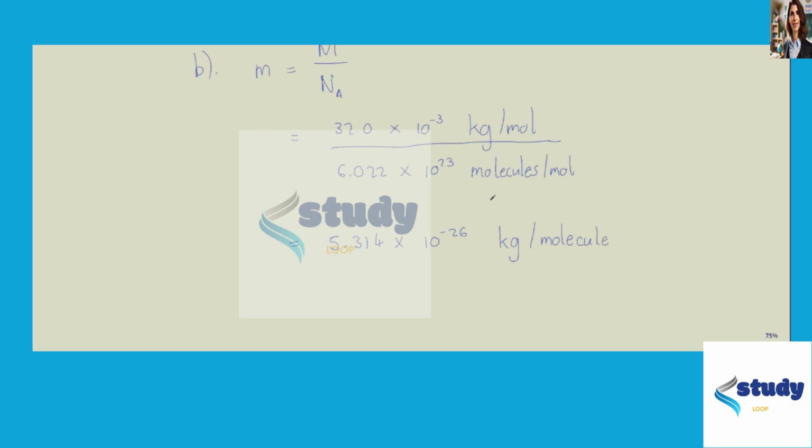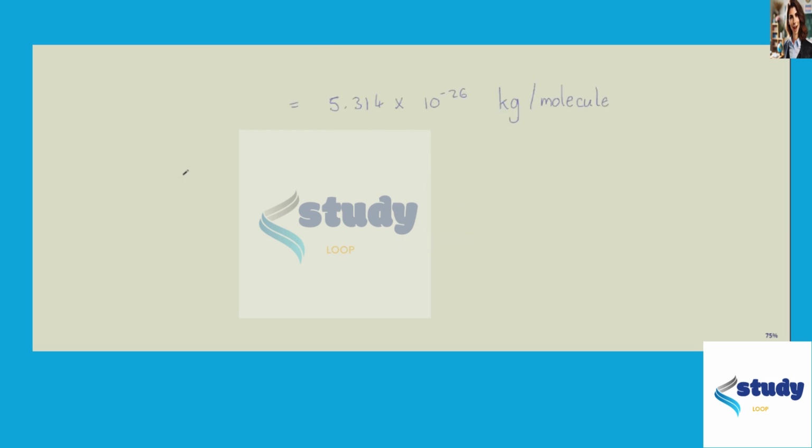Now that we have the mass, and we also know from part A what the kinetic energy is, we said a half m v squared was 6.21 times 10 to the minus 21 joules.